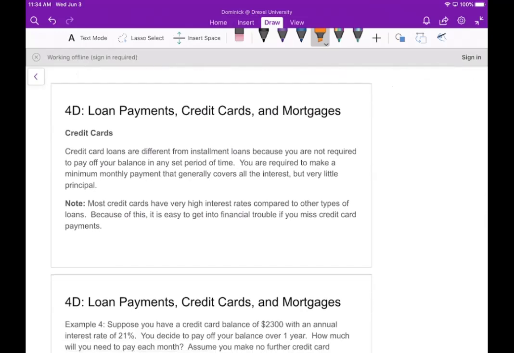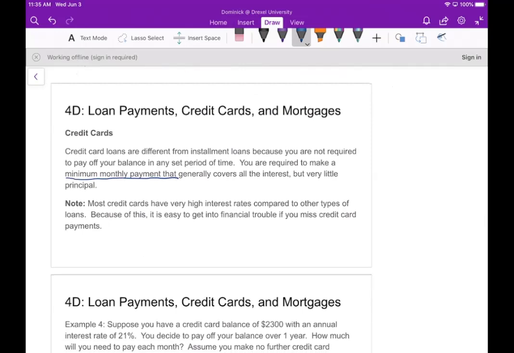Okay, so next we're going to talk about credit cards. Now, credit card loans are different from most installment loans because you don't have to pay off your balance in any set period of time. What you are required to do is just make a minimum monthly payment. Generally that minimum monthly payment will cover some or all of the interest, but very little principal.